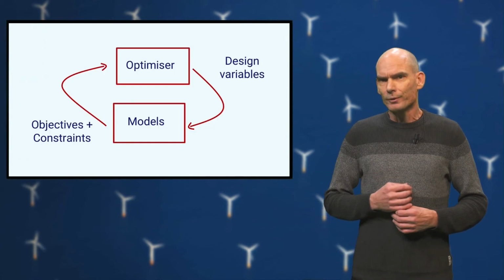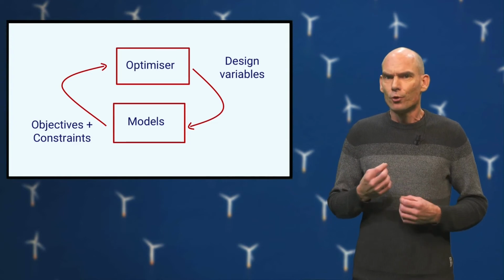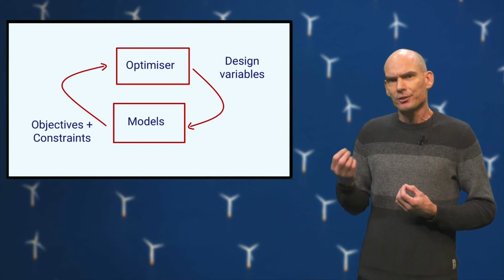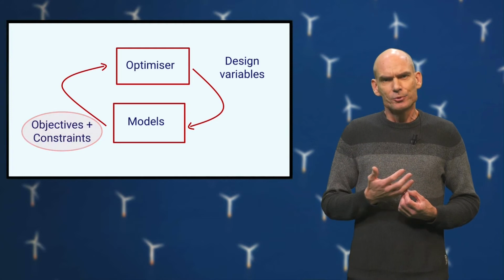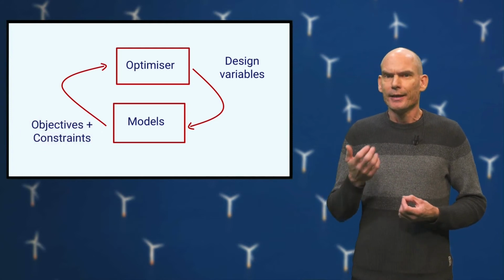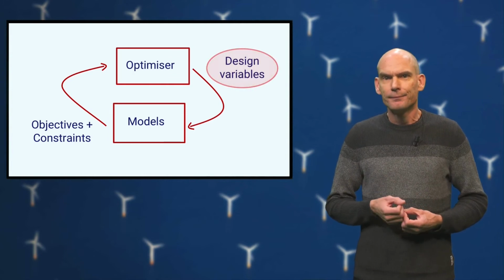To let the computer aid the design process, the design problem needs to be formulated very explicitly. This is done by expressing the wishes in objective functions, expressing what is allowed in constraints, and expressing the design freedom in design variables.